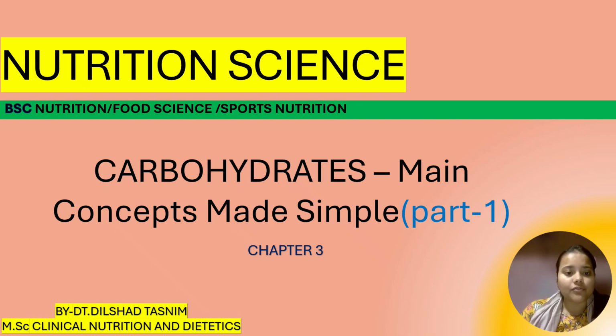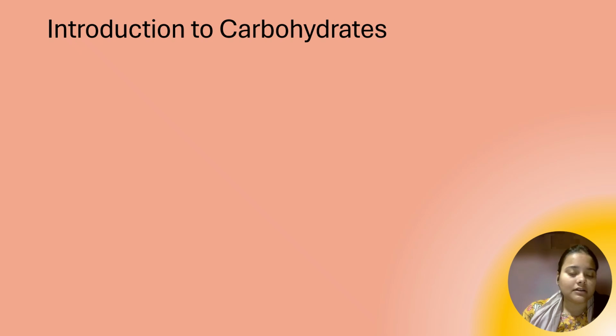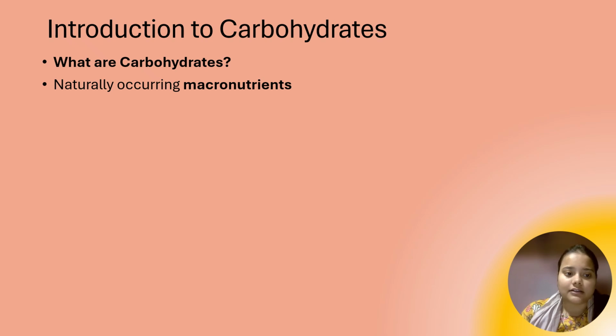Okay, so moving forward we will learn what is carbohydrate, the introduction to carbohydrates. Carbohydrates are naturally occurring macronutrients. Everyone knows what macronutrients are: carbohydrates, fats, and protein come under macronutrients, and micronutrients mean vitamins and minerals.